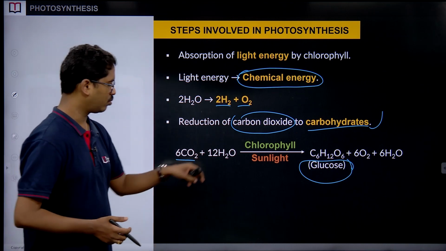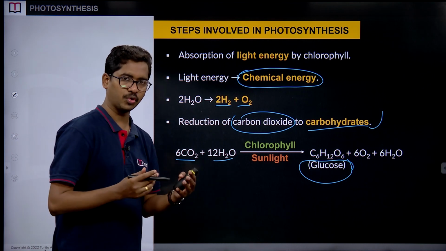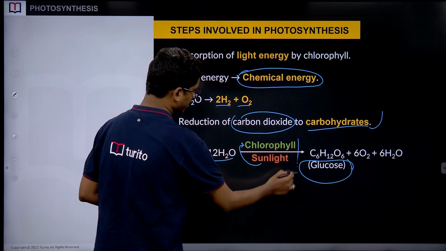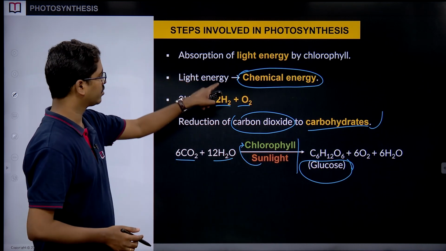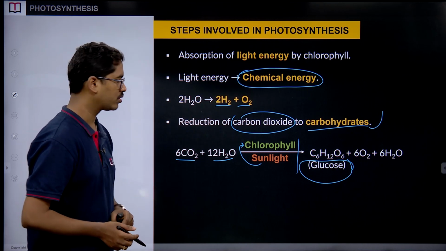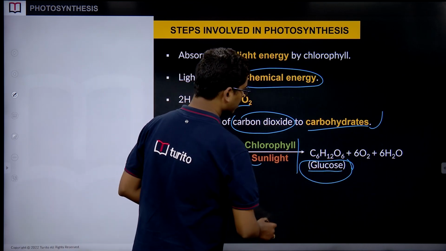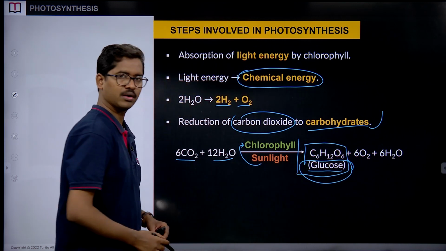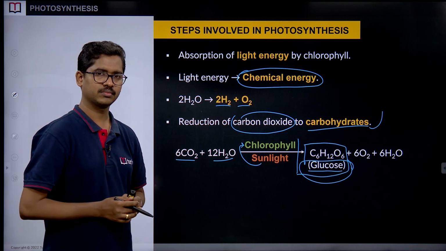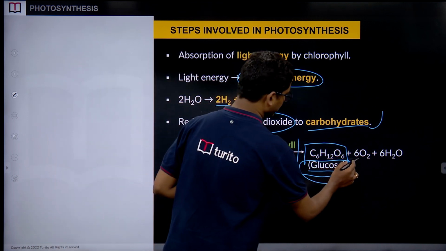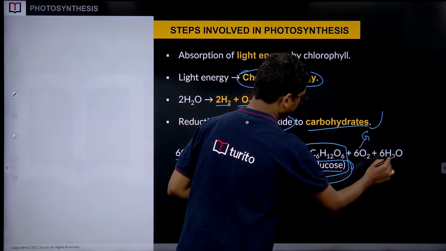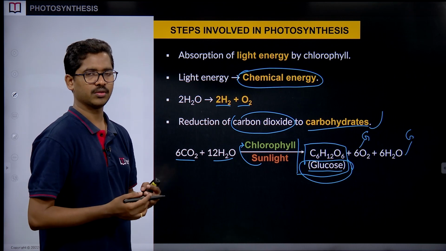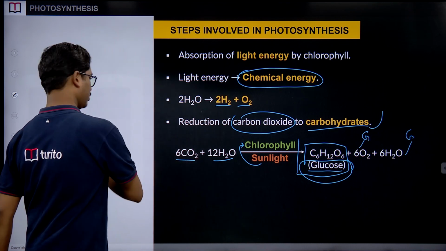Apart from that, water is taken by the plants using roots. In the presence of sunlight, chlorophyll traps the energy, and that light energy is converted into chemical energy, using which glucose is formed. This is our component of interest, so we do not bother about these. Oxygen is given out as gas, so is the water, given out as vapor.